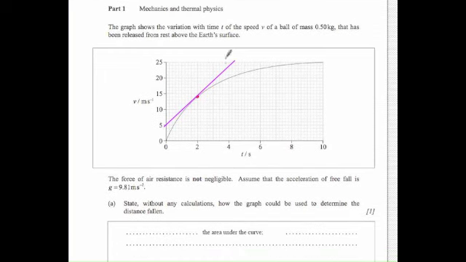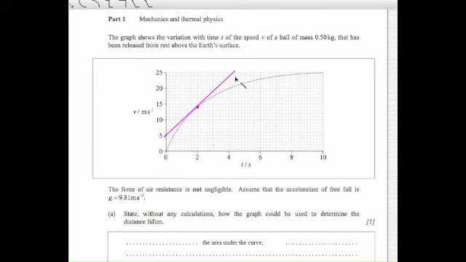So to find the gradient of the tangent, then we need to draw a triangle, and the larger you draw your triangle, the better. General rule is make sure your triangle is at least half the length of the line. So I'm going to draw it up to 4 seconds.